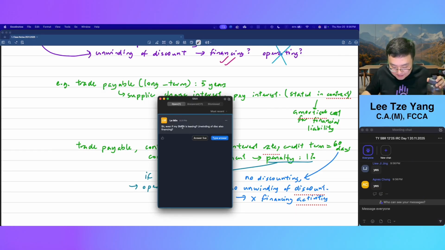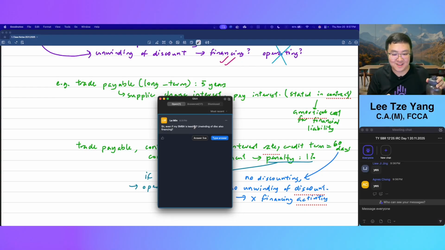So if SMBA is leasing, unwinding of discount, also financing? Lermin, if leasing, I will think that leasing, you provide financing to, sorry, Lermin, SMBA leasing, then you are the lessor. Then your finance income is either investing or operating.